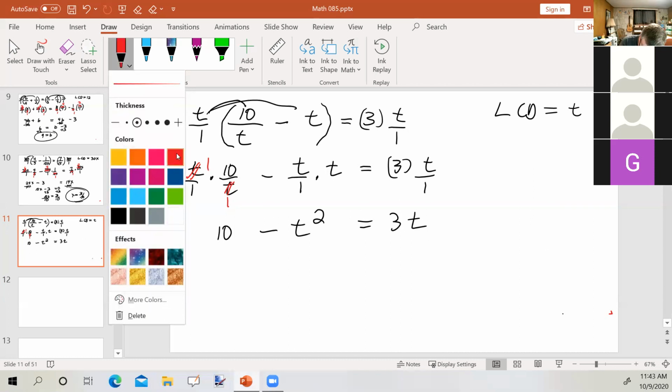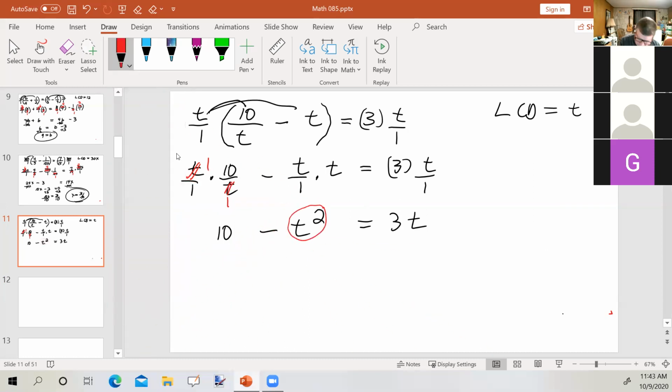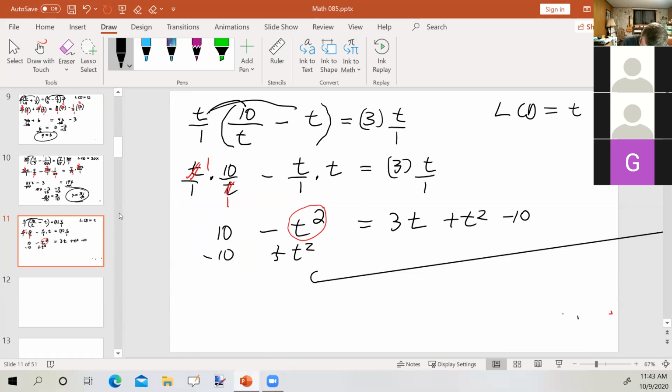Since this is my highest degree term, I'd like to move that to the other side so that it's got a positive 1 coefficient. So I'm going to add T squared to both sides, and I'm going to subtract 10 from both sides. So that's going to give me 0 equals T squared plus 3T minus 10.